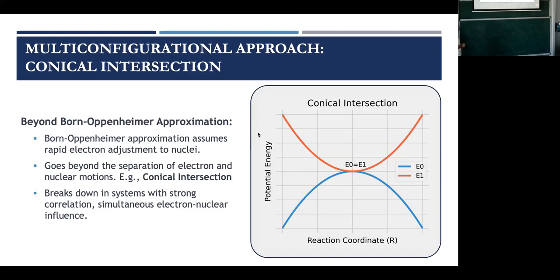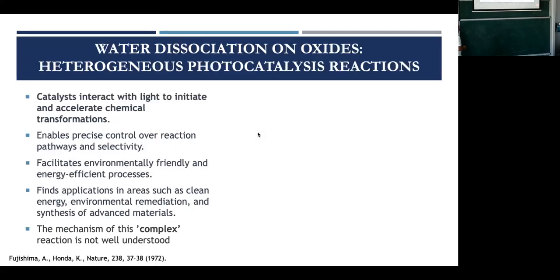One of the places is called the conical intersection, where there is a degeneracy between the energy of the ground electronic state and the excited electronic state. So this looks more like a cone. So that's why it is called conical intersection. And in these places there is a simultaneous influence of electrons and the nuclei, and here we need to have more advanced approaches as well.